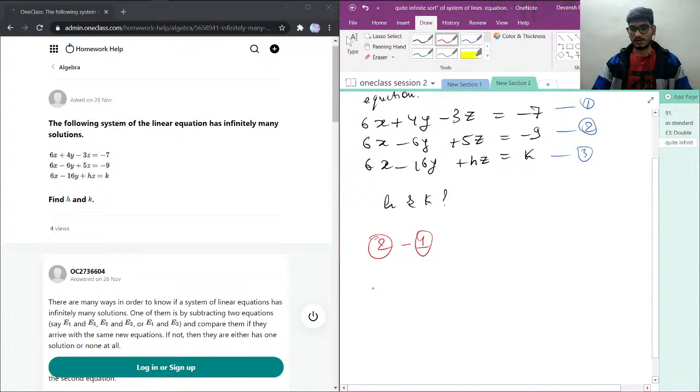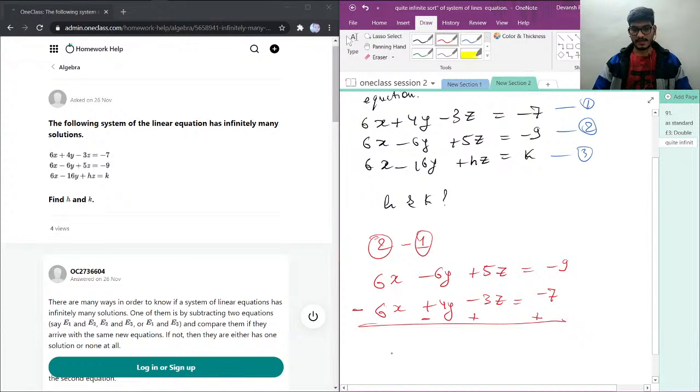The second equation is 6x minus 6y plus 5z equals negative 9, and the first equation was 6x plus 4y minus 3z equals negative 7. I will subtract, plus plus.